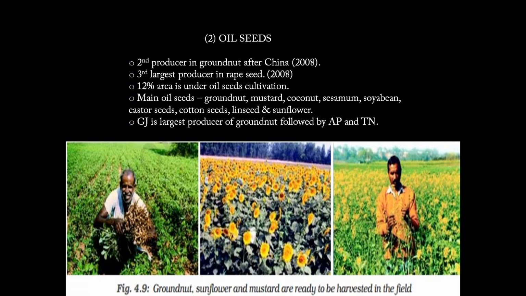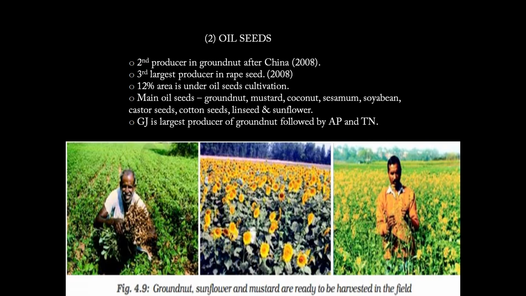Definitely there are different crops, so the taste of every oil is also different. In our day-to-day life we use oil. That oil we get from these seeds. It is crushed in a machine, and then it gives us oil.